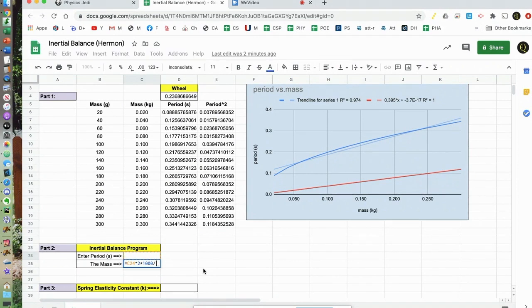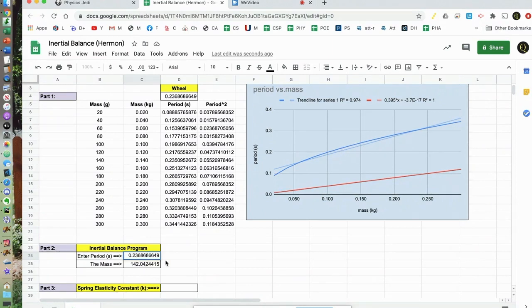And then we're going to divide it by 0.395. And that should be our mass. Okay, so I can put the wheel in here. I'll copy the wheel, put it in there, and hit return. And I get a mass of 142 grams.